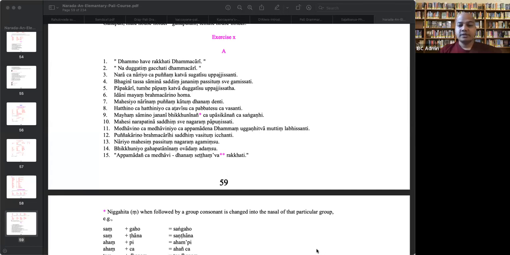So you can keep your soft copy of the book open, or if you have a hard copy, you can study them together.